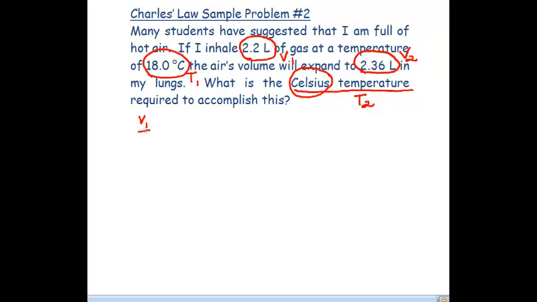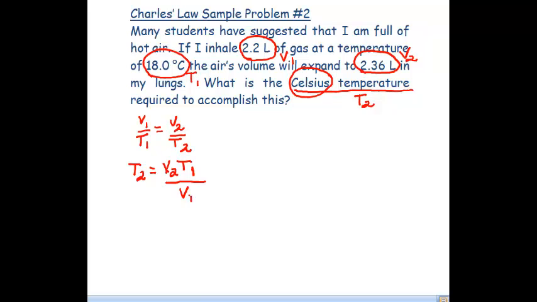All right, we've identified our variables. V1 over T1 equals V2 over T2. And I'm going to go ahead and simply get to the rearrangement. I'm looking for T2. The equation is going to end up looking like this: T2 is equal to V2 T1 over V1.